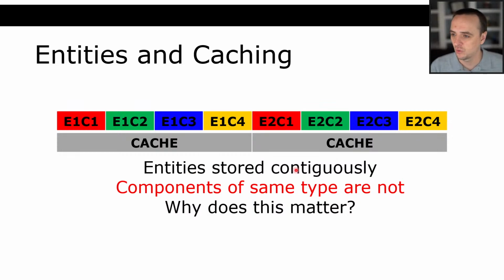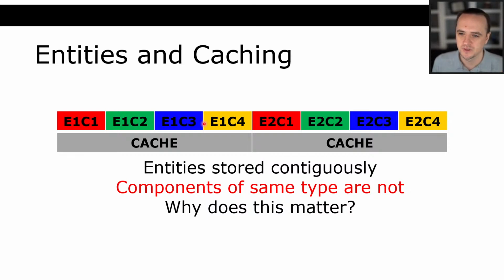Entities are stored contiguously. So that means if I have entity 1 and entity 2, if I look up an entity, I may have the entire entity in cache because the entity's data, the components, are stored contiguously within the entity. So look, I have my cache here and it's filled up with component 1 of entity 1, component 2 of entity 1, component 3 of entity 1, component 4 of entity 1.